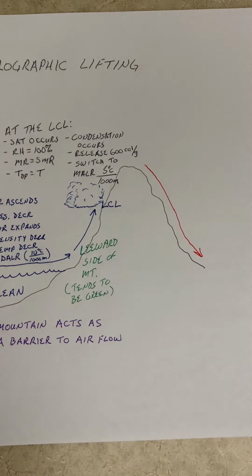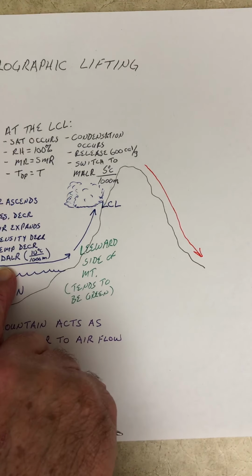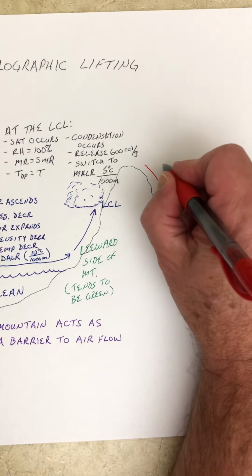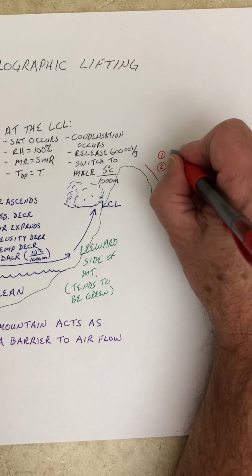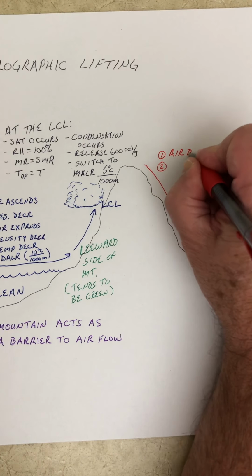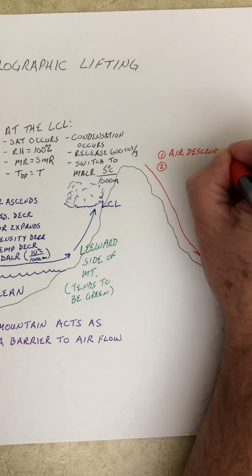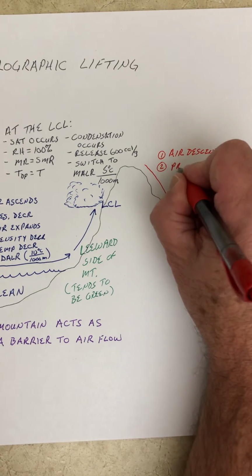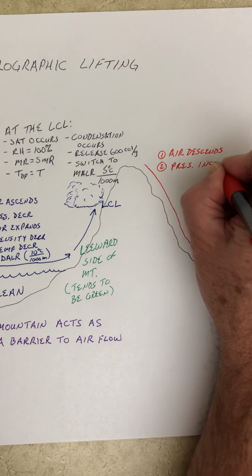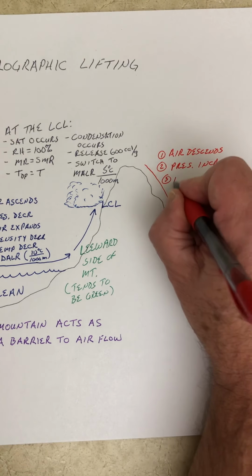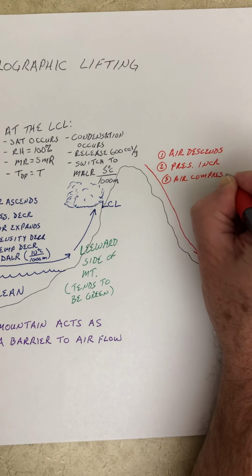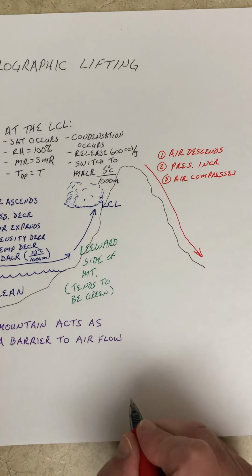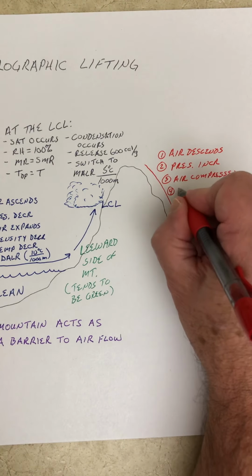Okay, when you come down the other side of the mountain, we've got all of the same processes going on, but in reverse. Okay, and so on the leeward side of the mountain, the air descends down the mountain. When the air descends, the pressure increases. When the pressure increases, the air compresses. Okay, when the air compresses, the density increases.